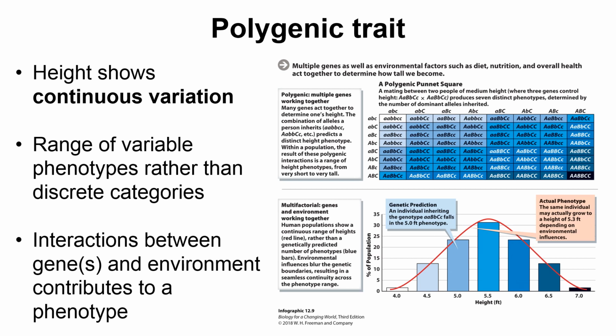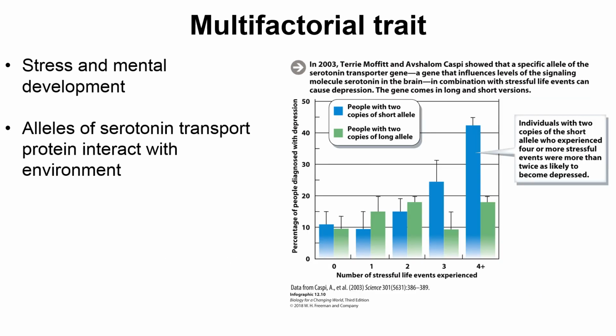When you have multiple genes and you also have the contribution of the environment, we call that a multifactorial trait. We see continuous variation when it comes to human height because you also have the contribution of the environment, so we see a bell curve shape when it comes to height.